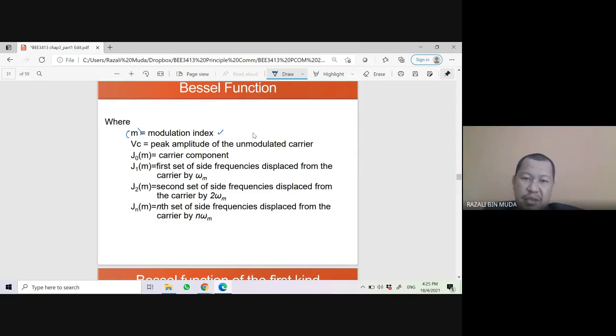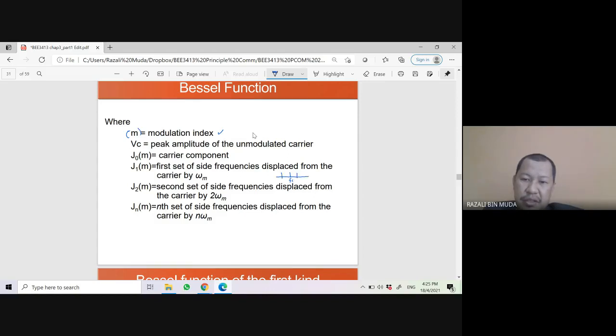Vc is the peak amplitude of the unmodulated carrier, basically the amplitude of the carrier. J naught M equal to carrier component. J1, first set of side frequency displaced from the carrier by omega M, meaning this is the carrier FC.